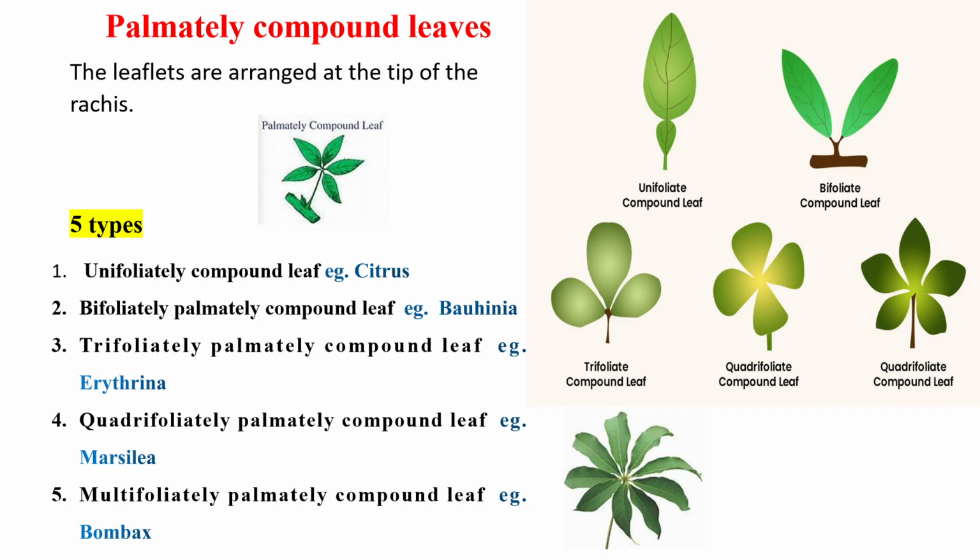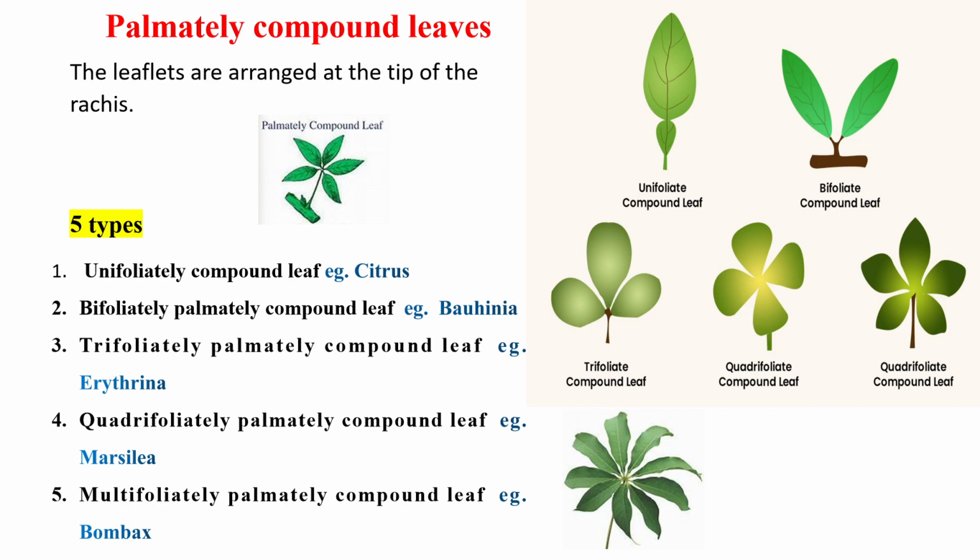Here we can see leaflets are arranged at the tip of the rachis. It has also several types: unifoliate compound leaf, bifoliate, trifoliate, quadrifoliate, and multifoliate compound leaf. Unifoliate compound leaf possesses a single leaflet, example citrus.